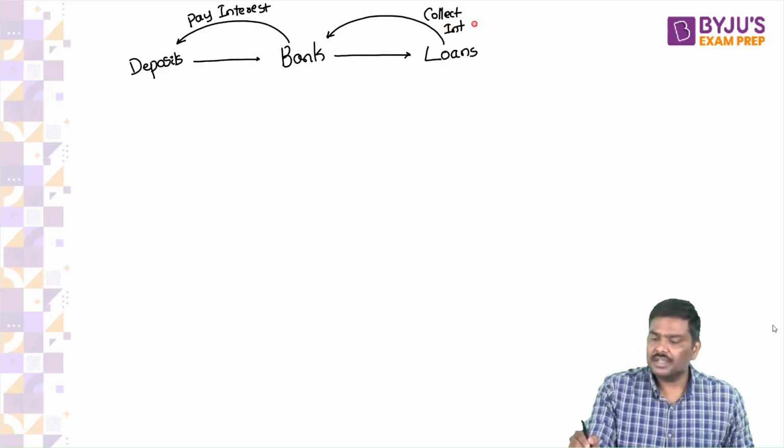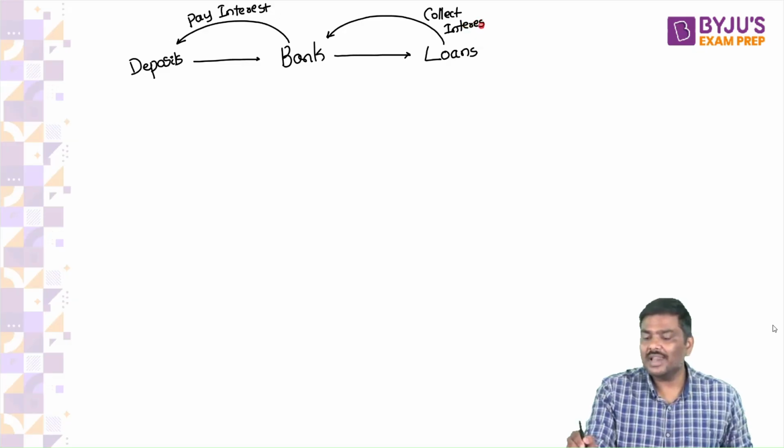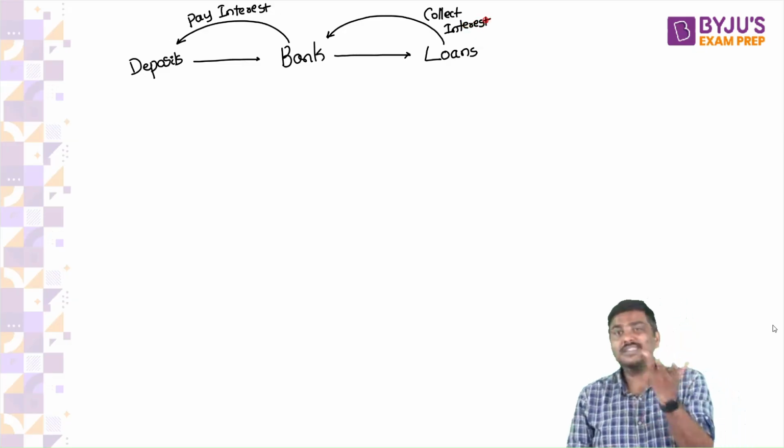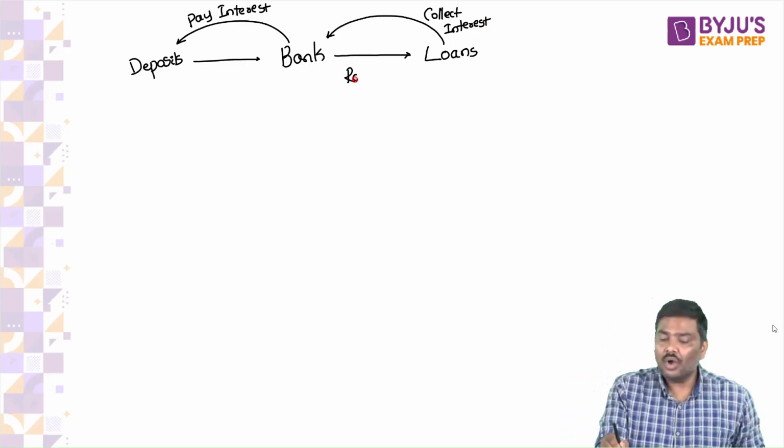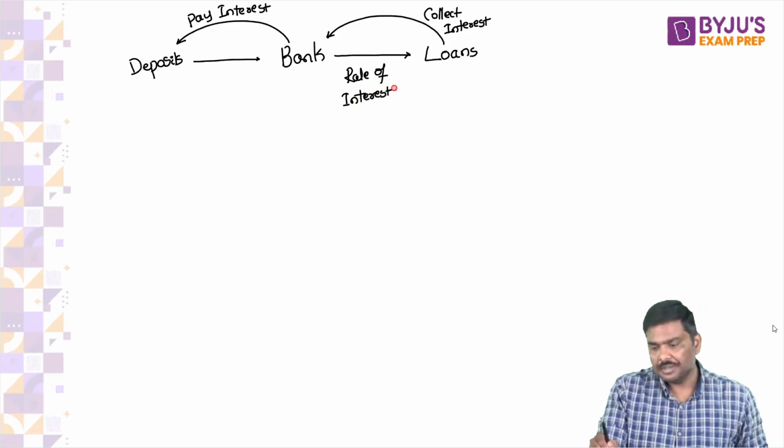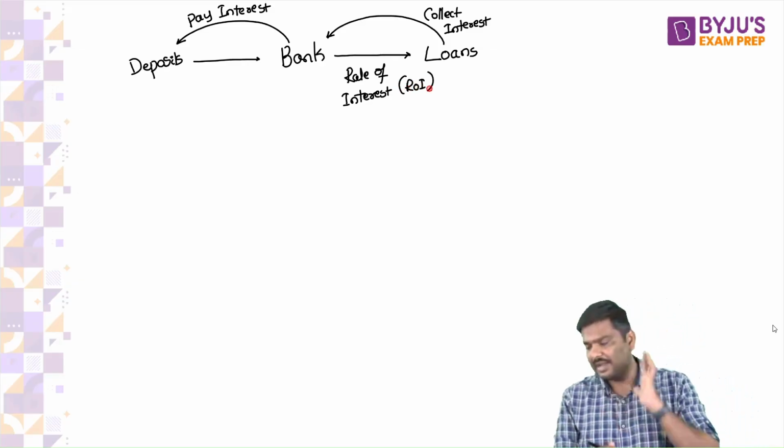But now the question is, how much interest will be collected by the bank? That will be decided by the rate of interest, ROI. I'll write it in short form here. Please remember this: the rate of interest charged by the bank.